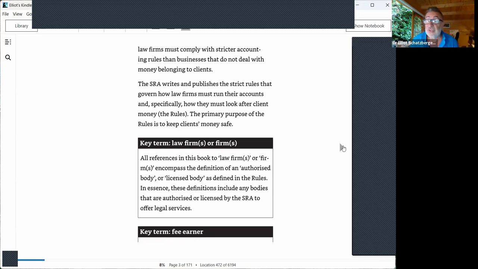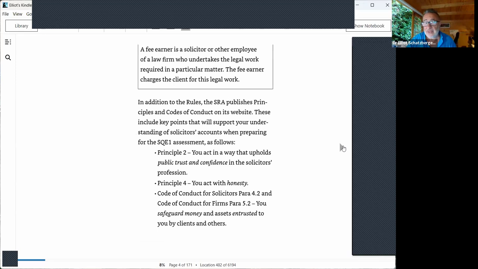So what that means, of course, is that you need to open a minimum of 2 separate physical bank accounts. One, the firm's, and one, the client's, the overall clients. And I'm going to come on to that in a minute. So that really is absolutely key.